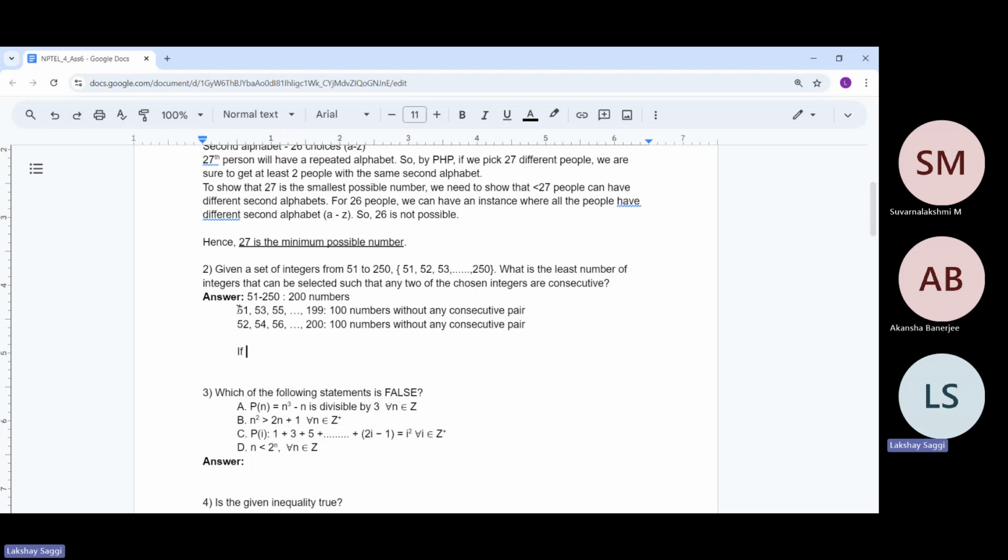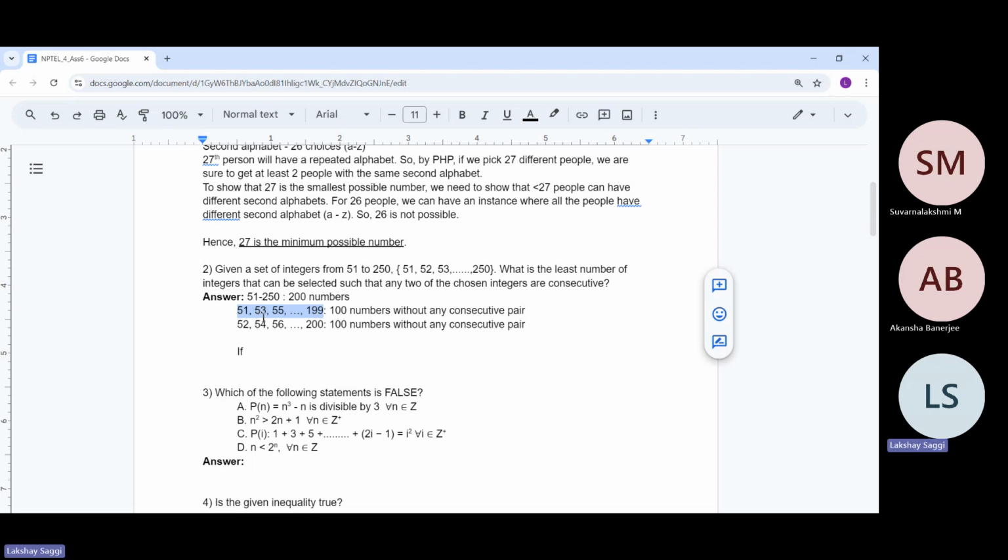These 100 numbers don't have any consecutive pairs. These 100 don't have any consecutive pairs. But as soon as I add another number to this set, let's say I add 54 or let's say 52, then 51, 52 will indeed form a consecutive pair, or 52, 53 will indeed form a consecutive pair.